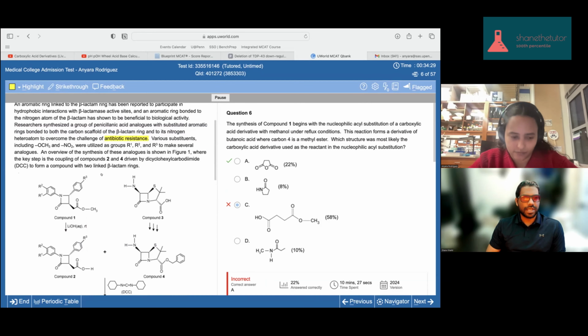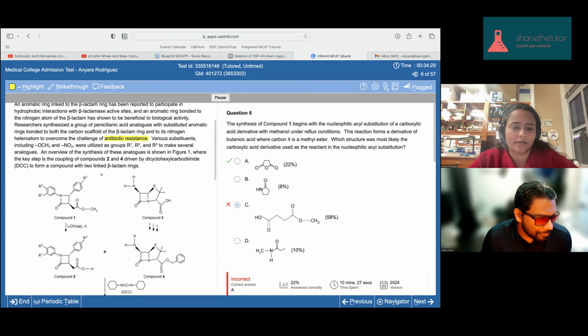We know that aromatic rings make it more hydrophobic, and if it's more hydrophobic, it's better able to be a substrate for this enzyme. But now they're using substituted aromatic rings, which have R groups attached, and they're doing that to overcome antibiotic resistance. So my guess is maybe that causes too much steric hindrance for the enzyme, but I'm not sure yet. But yeah, you can continue.